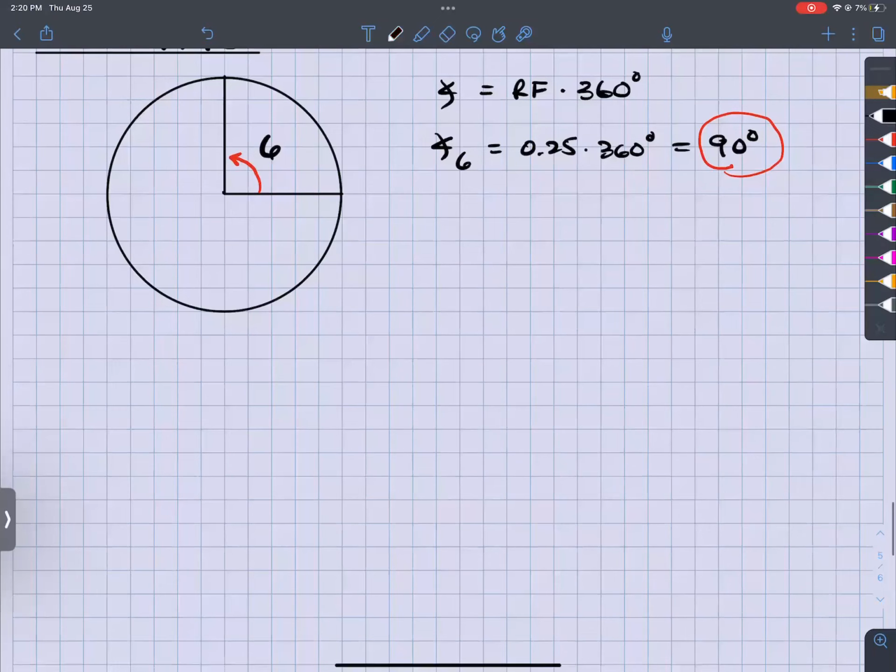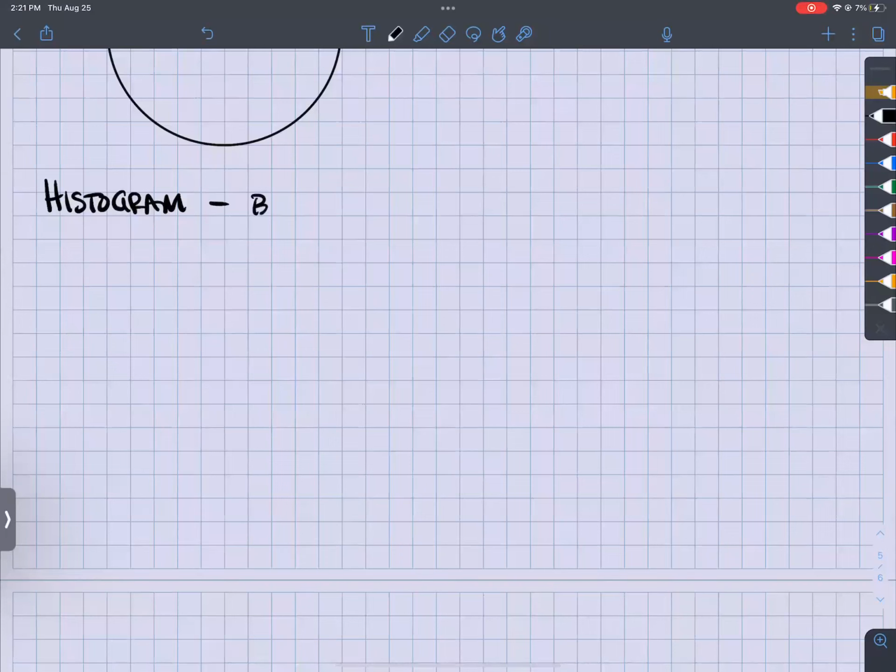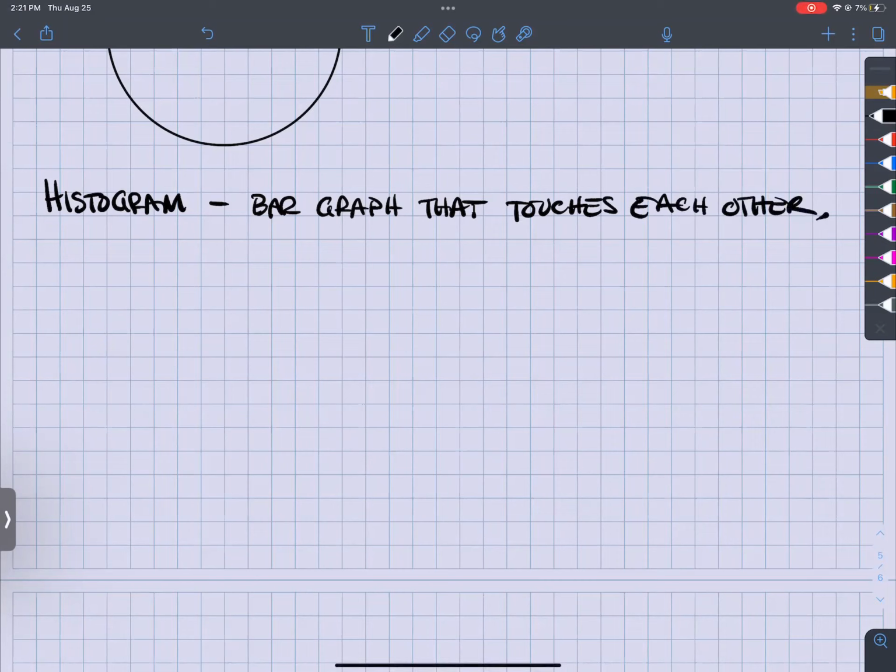Okay. What's the difference between a bar graph and a histogram? Okay now?